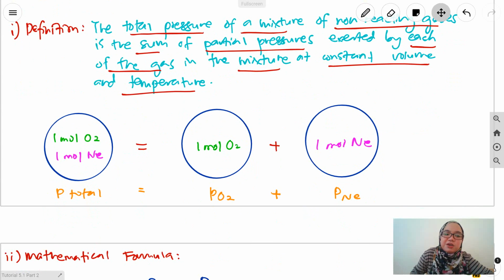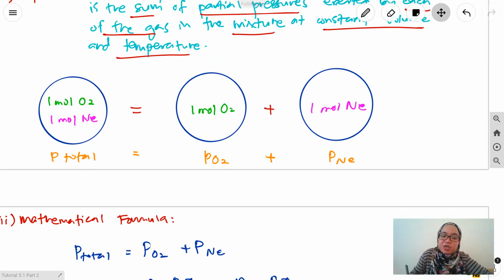For example, in the container, when we have 1 mole of oxygen and 1 mole of neon gas, the total pressure exerted by oxygen and neon gas will be the total pressure. So that means the partial pressure of oxygen plus the partial pressure of neon gas will be the pressure total.